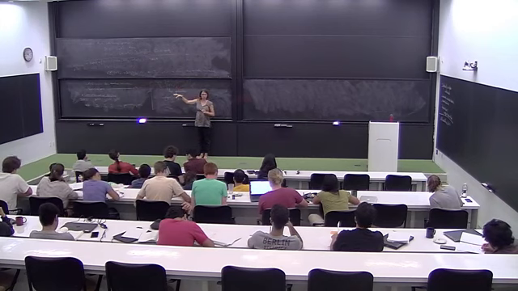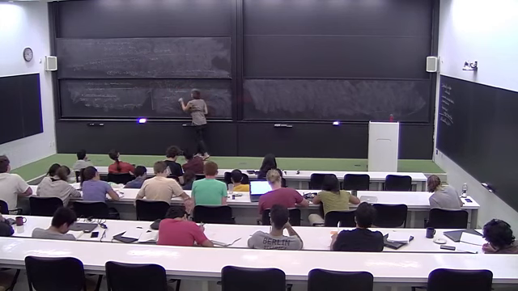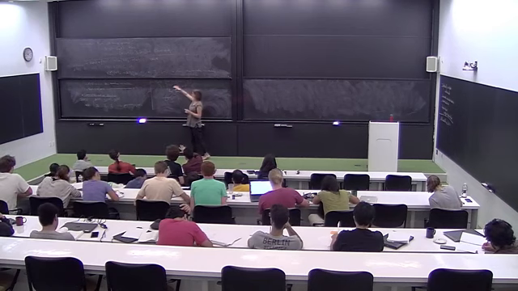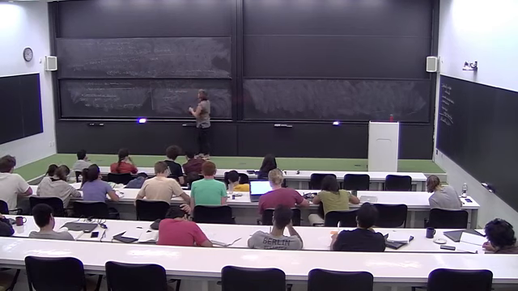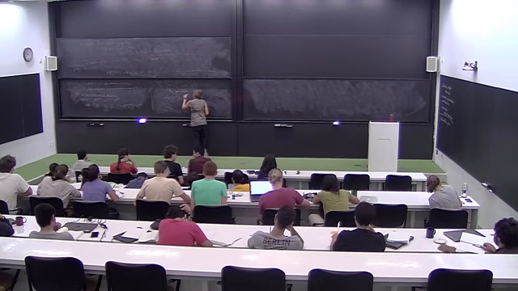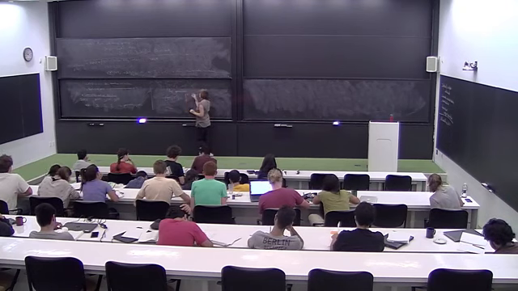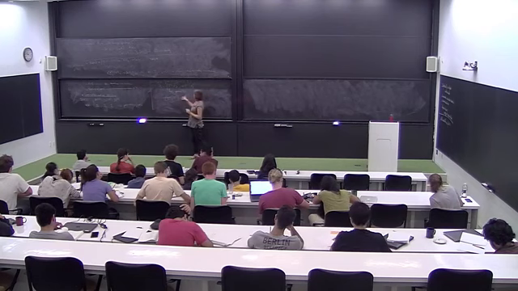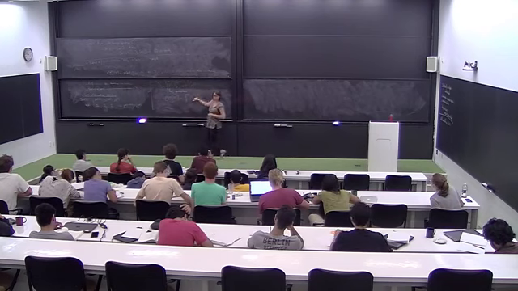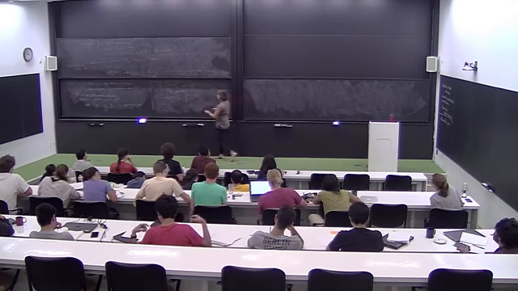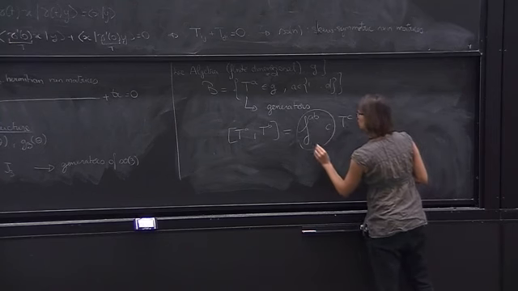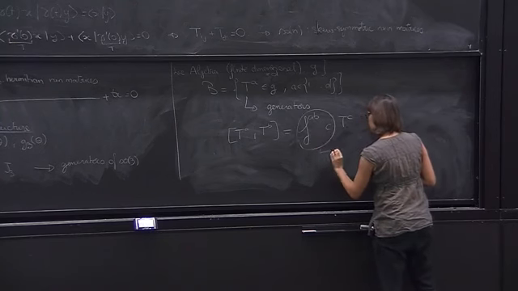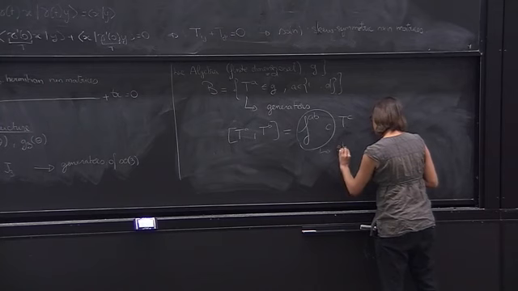Okay, so this means that you can decompose that on your basis, and so you can write this result as a linear combination of your generators, and this coefficient is what we call the structure constant of your Lie algebra.